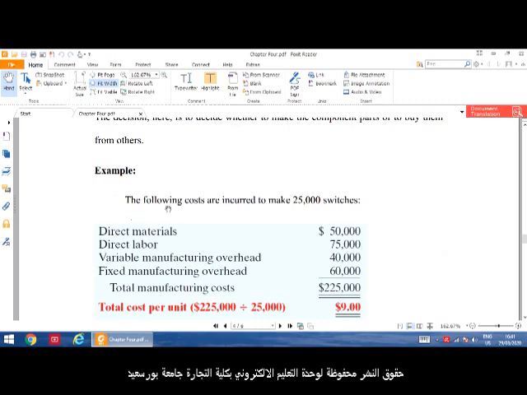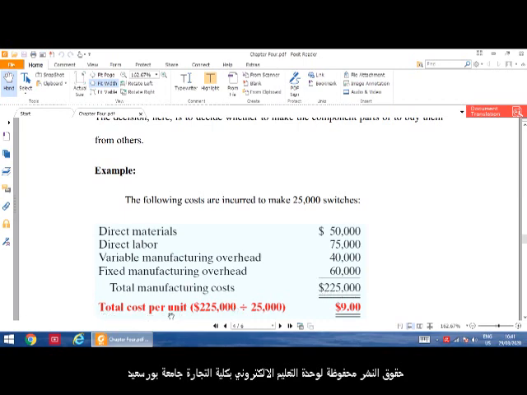Example: the following costs are incurred to make 25,000 switches. Direct material, 50,000. Direct labor, 75,000. Variable manufacturing overhead, 40,000. Fixed manufacturing overhead, $60,000. Total manufacturing cost, $225,000.